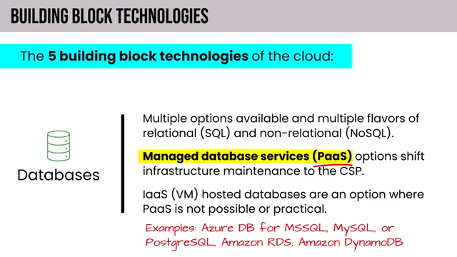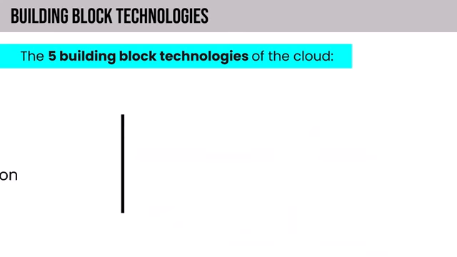They also have a MySQL flavor and a Postgres flavor. On the Amazon side, you see Amazon RDS and DynamoDB. Generally, PaaS is preferable, but we see the IaaS database options pop up where customers have isolation or compliance requirements that make PaaS just not practical at all.